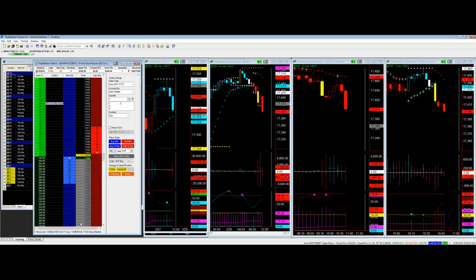And this is what we're targeting down here at 375, which if it gets there, I'll just close the position. No, not from the 1 minute, from the 180, Humphrey.